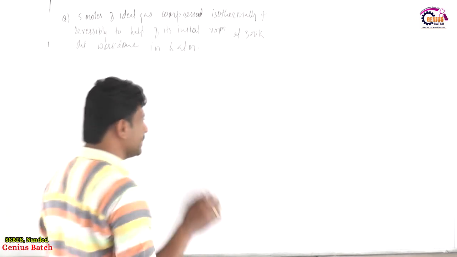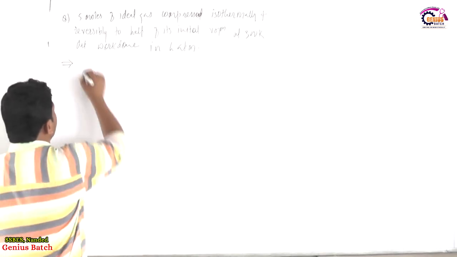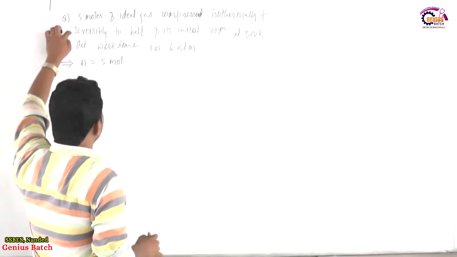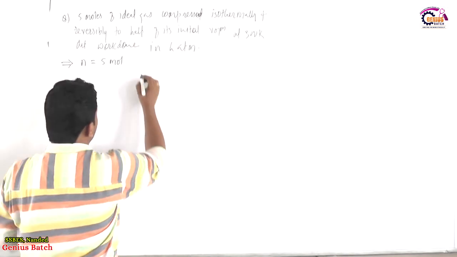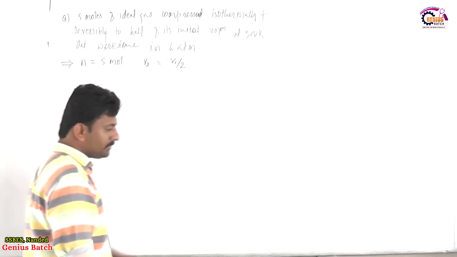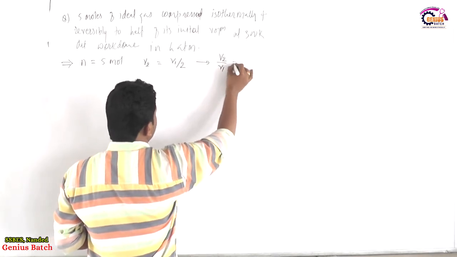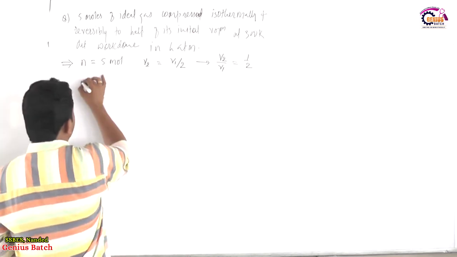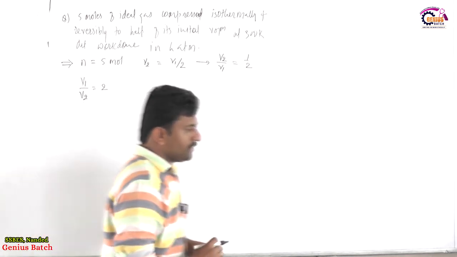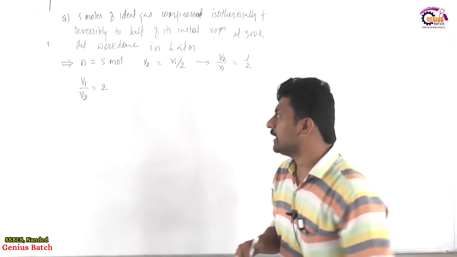Work in liter atmosphere when required, we would use the R value in liter atmosphere. Okay. So how many moles are given? N equal to 5 moles. Compressed isothermally reversibly to half of initial volume means V2 is V1 divided by 2. In terms of volume, the required value we have is V2 by V1, which is 1 by 2. To this we can write V1 by V2 is equal to 2. V2 by V1 is 1 by 2, V1 by V2 is 2 it is. Why we changed it, we would see later on.